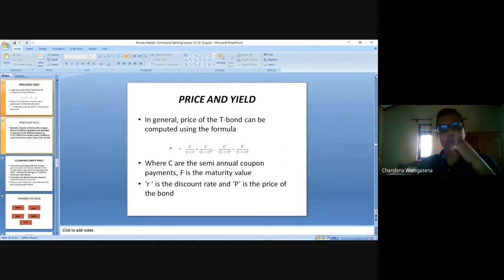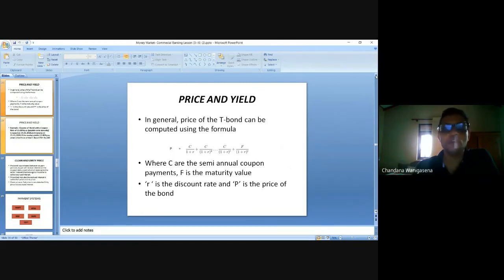This is the main reason why we have learned to calculate the present value of any project or investment, because we use the same concept to calculate the price of a bond also. In the video that we watched today, the price of a bond is equal to all the coupons we get, maybe every quarter or semi-annually. The interest component we call the coupon.